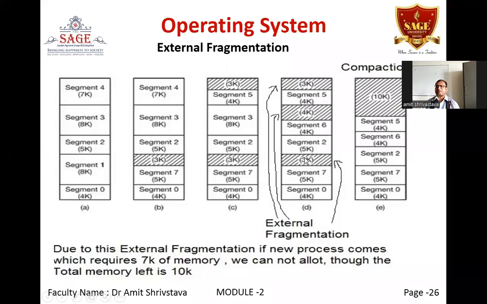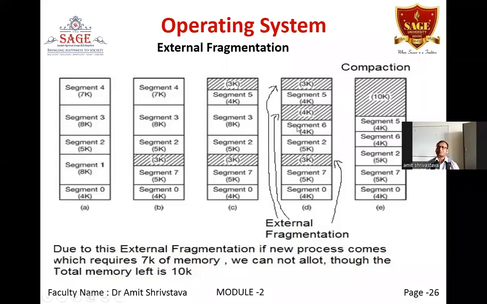Again, see this diagram. Here segment 3 is finished, so it will release 8K of space, and segment 6 comes, which requires 4K. So again, we are left with 4K. Now at present, we have got 4K, 3K, and 3K, that is, total 10K of space is available, but it is scattered. What the compaction technique does is shift all the free memory to one place and all the used memory to the opposite side.